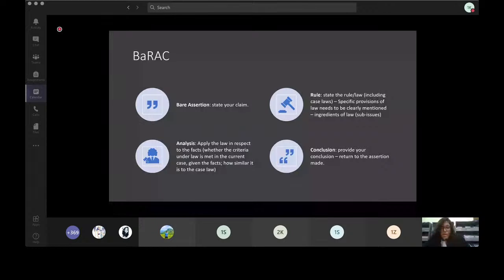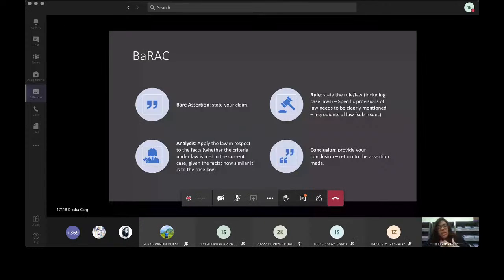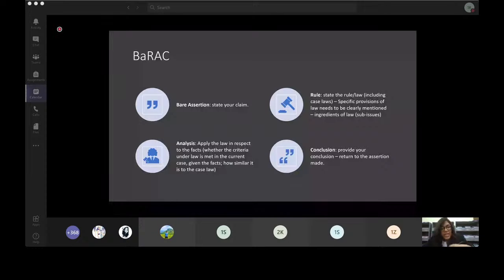Under Article 14, though there is a provision for the government to make discrimination, this discrimination must satisfy certain criteria. You list out the criteria, and then you give a case law to make the argument much more coherent. Lastly, you move on to the conclusion aspect.